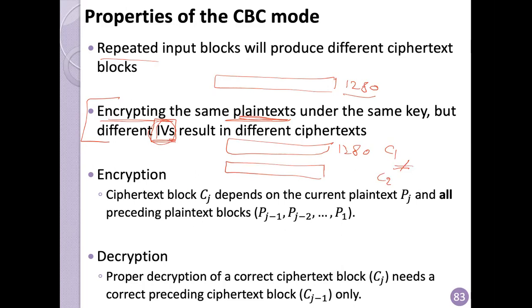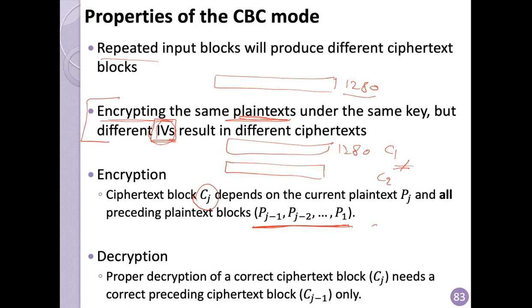And if we look at the chaining, we are making this relation that the ciphertext CJ is indirectly related to all the plaintext before that plaintext.